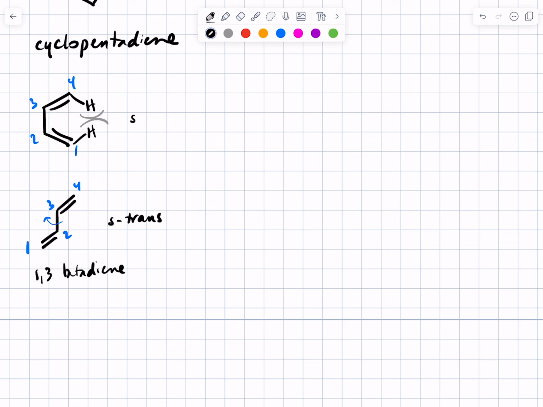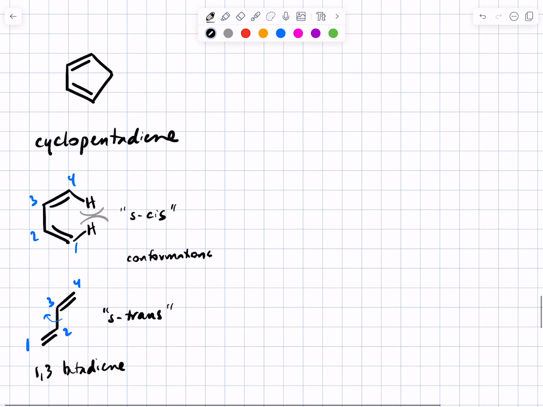They call this the S-cis conformation. Those aren't stereoisomers, those are two different conformations, but that's how we talk about them. It's rotation around the bond between 2 and 3, and again, that rotation is somewhat restricted because doing so breaks the conjugation.